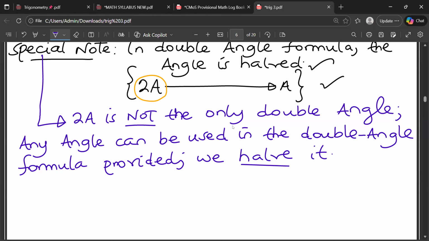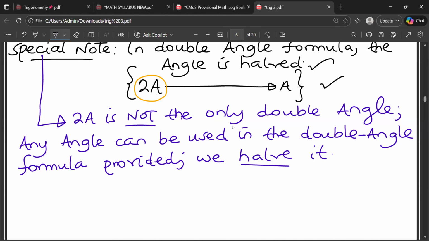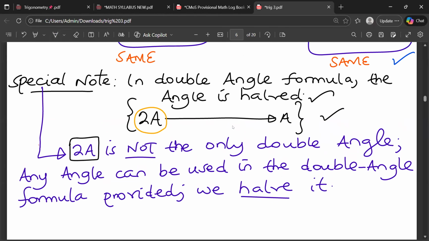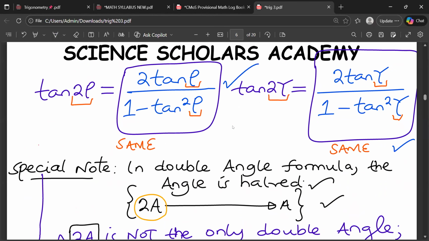So provided we have that angle, any angle can be used in the double angle formulae. It's not that 2a every time, no. And why do we say that in double angle we always have the angle? We have realized that everywhere we had 2a on our left-hand side, on coming out on the right, it was coming out as a. Yet we are calling it double angle, so we are having the angle.